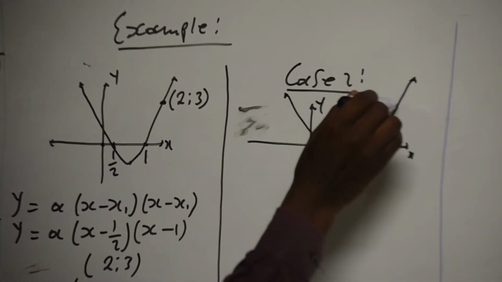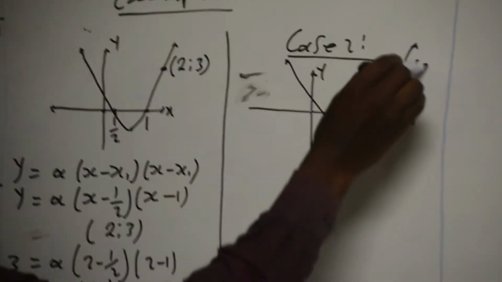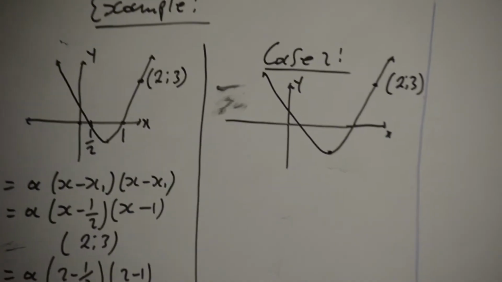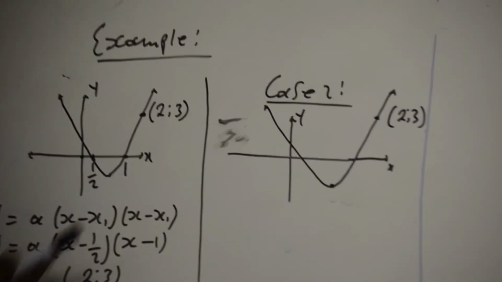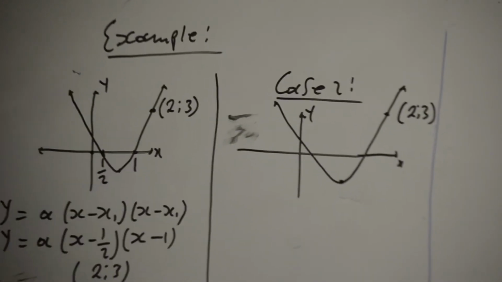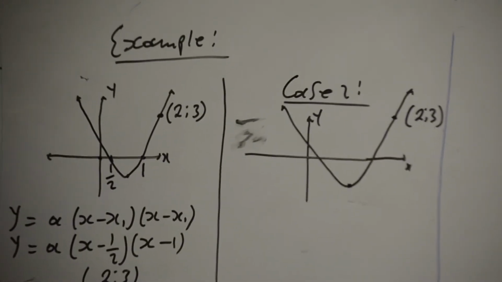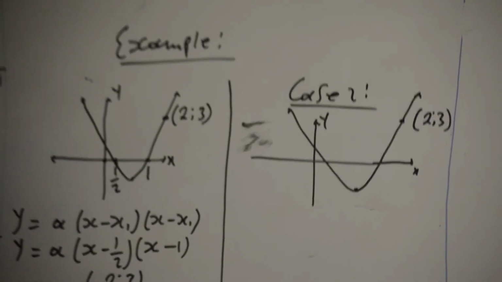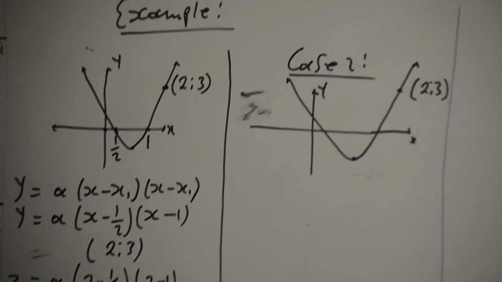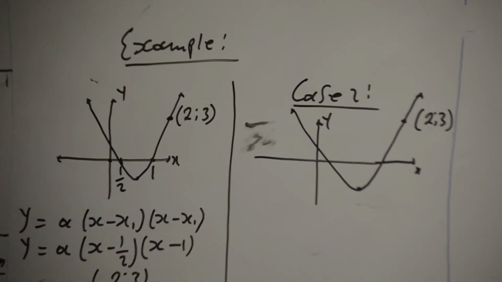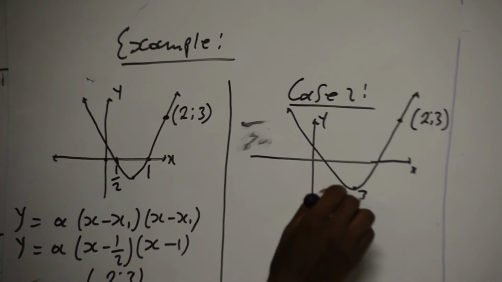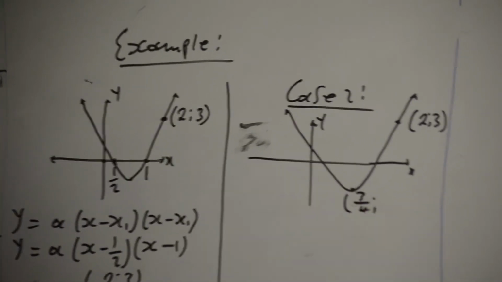Let's use the same point as before, 2, 3. But now let's find the turning point here. Turning point must be the midpoint between the x-intercepts, or you can use minus b over 2a. So it's half plus 1 divided by 2. So it's 3/4. So the value of x here is 3/4.